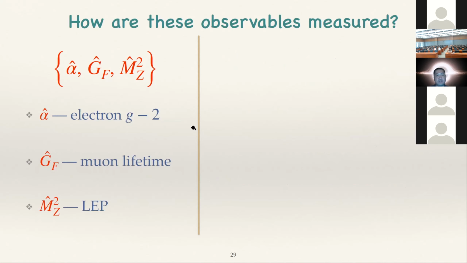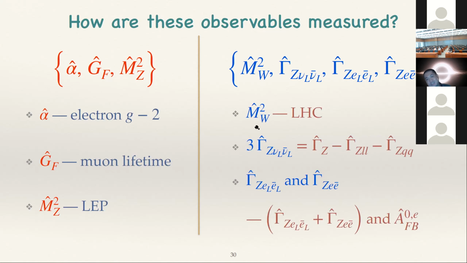So how are they measured? Just a little reminder. Alpha is from electron g minus 2. G Fermi is from the muon lifetime. mZ is from LEP, the Z mass, and the W mass, the best measurement now is from the LHC, no longer from LEP.